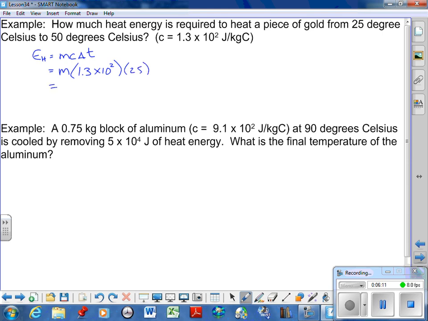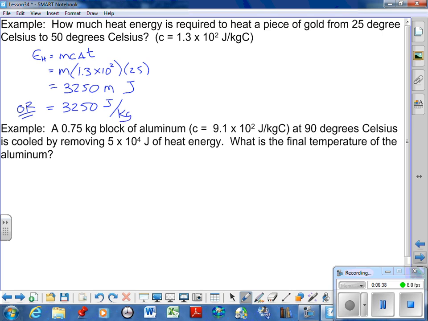So when you do this calculation, and this is why mass is often not given in the questions, when I do the calculation here, times 25, I get 3,250 M joules, or you can report this as 3,250 joules per kilogram.